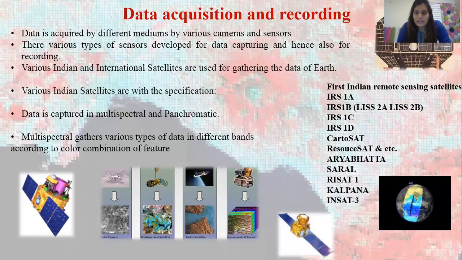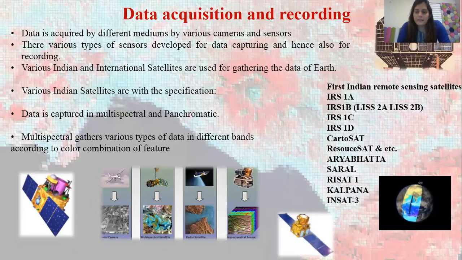Now you can see the image here, one satellite is moving and it is covering the whole earth's data. This is how the whole data is covered, right? I am just showing a sample of how the satellite moves and how data is gathered.